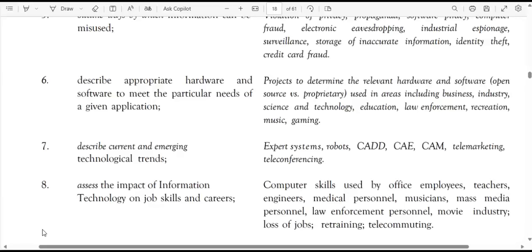Example, word processors, databases, operating systems. Now, to choose appropriate tools, we have to consider the tasks to be completed, the complexity and required processing power, and also user preferences, whether the user wants it as open source versus proprietary.